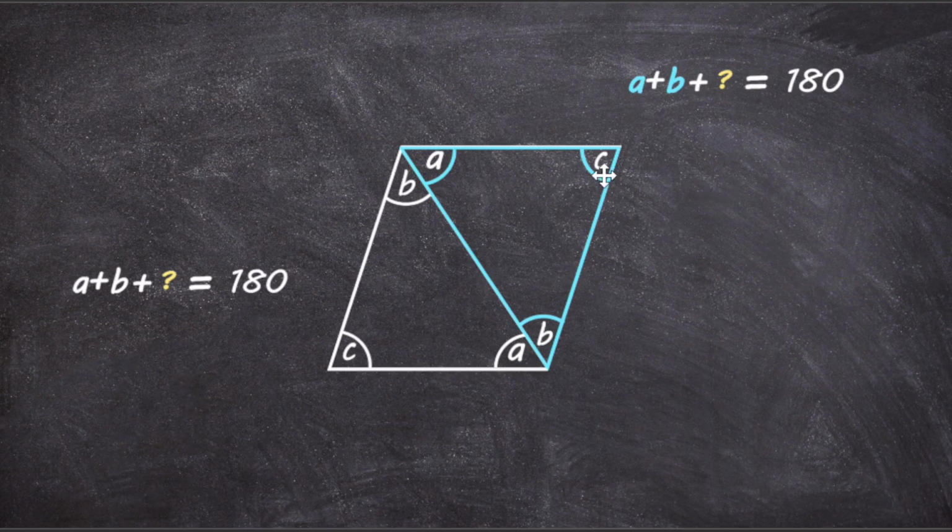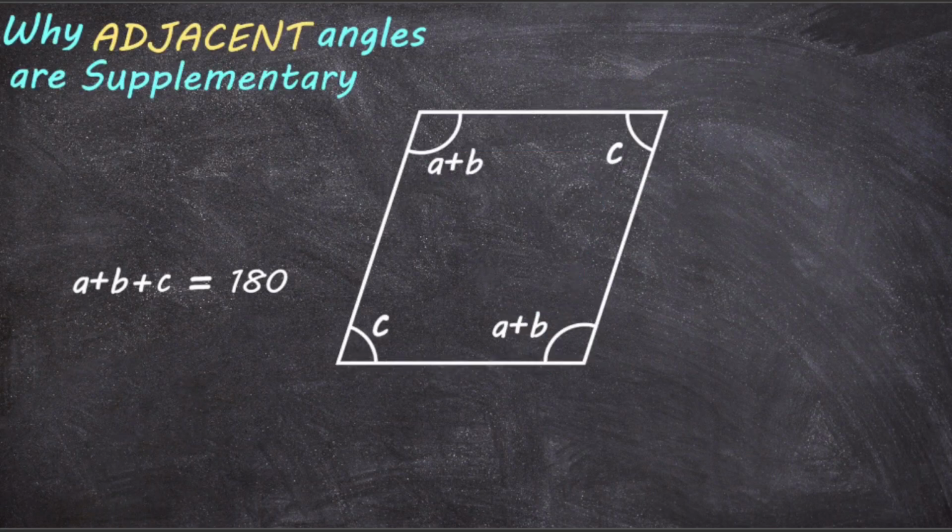Now that we have the value of the unknown angle, I'm going to change the equation to represent all of the angles in the triangle. And because the top left and bottom right opposite angles have the value of A plus B, I'm going to rewrite those as one angle with values A plus B and remove the diagonal line. This will help us see why adjacent angles are supplementary.